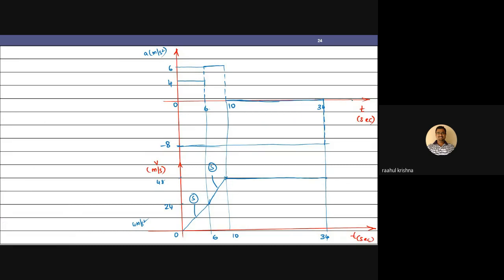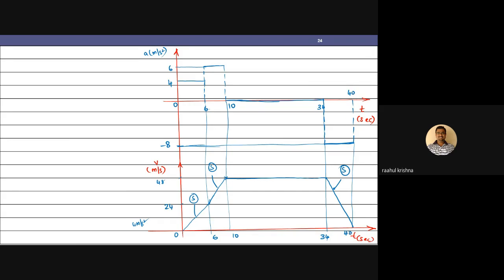So it is happening for a time duration of 6 seconds. And here the slope is negative, and this is again going to be a straight line. So at the end of that, what is my time here? 40. Here 40.